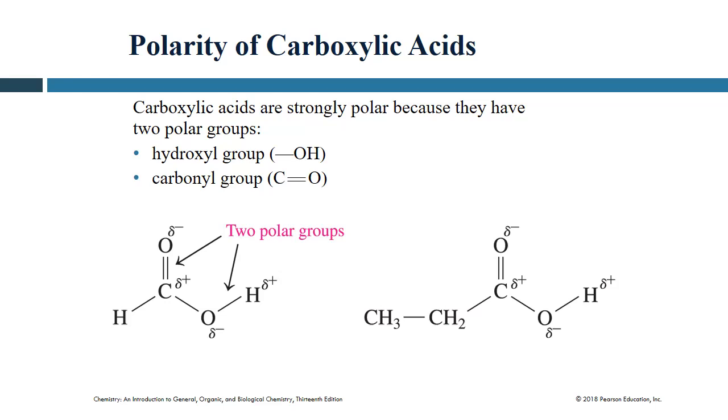But again, we were always limited: small alcohols dissolve, big alcohols don't really. Well, now I've got the combination. I've got a carbonyl, which is polar, and a hydroxyl, which is also polar. The end result is a really polar molecule, capable of forming hydrogen bonds, which we know is the strongest of the intermolecular forces for a covalent compound.